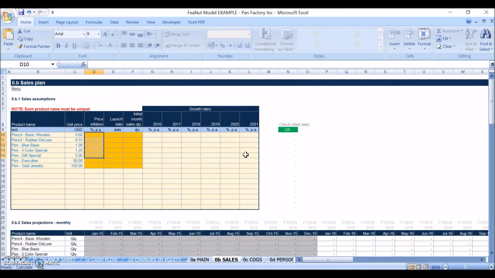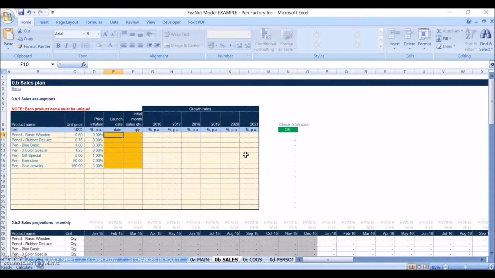Let's make it simple. Let's assume that there will be no inflation at all, or actually let's do 1% here, 2% here, and 3% here, just to make it more interesting.